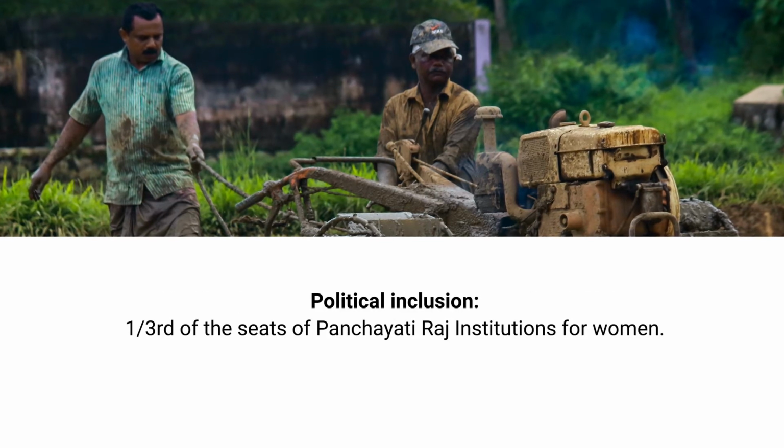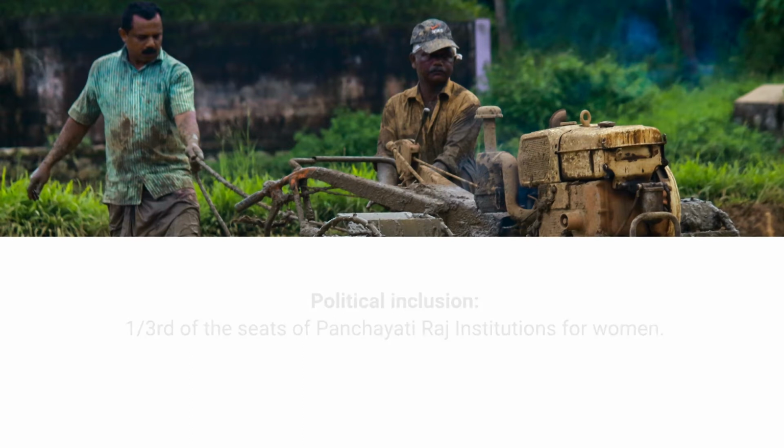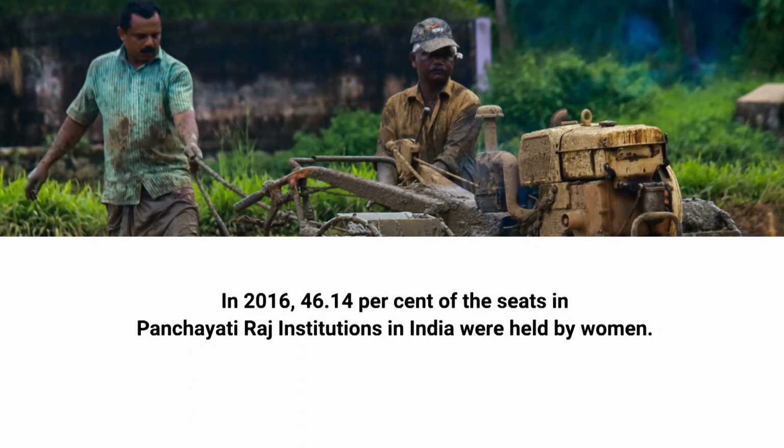And if we look into political inclusion, the Indian Constitution recommends reservation of one-third of the seats of Panchayati Raj institutions for women. And very interestingly, in 2016, 46.14% of the seats in Panchayati Raj institutions in India were held by women.